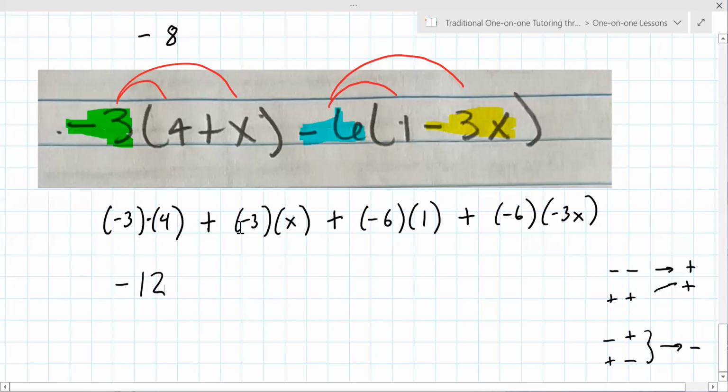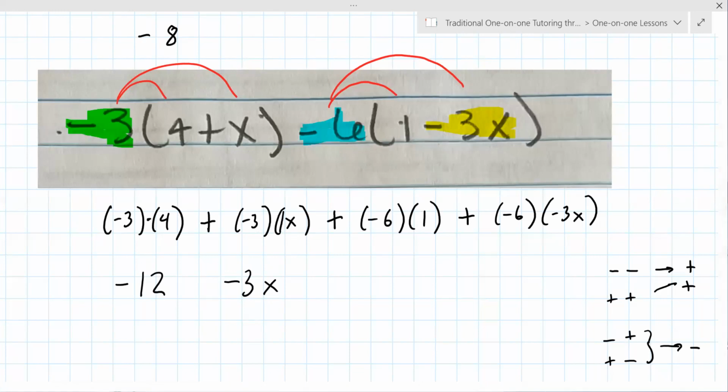Plus, the -3 with the 3x. It's -3x. Okay, and then you've got -6 times +1. Are we still bringing down the plus signs on the next line? You can, if you like.